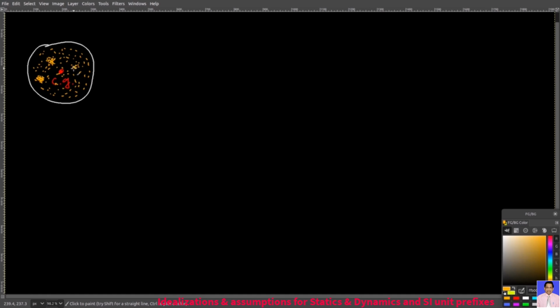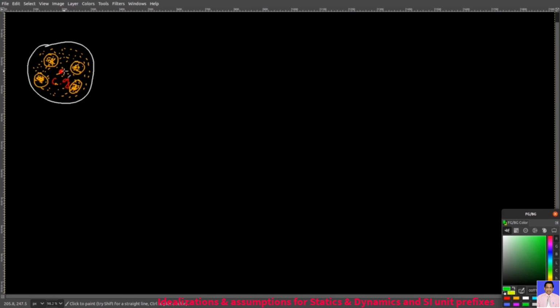And then maybe you have some kind of very dense area here and then here. So these areas have higher density, and because of that, your mass distribution is not equal inside this sphere. And because of that, the center of gravity is not exactly in the center of the sphere.